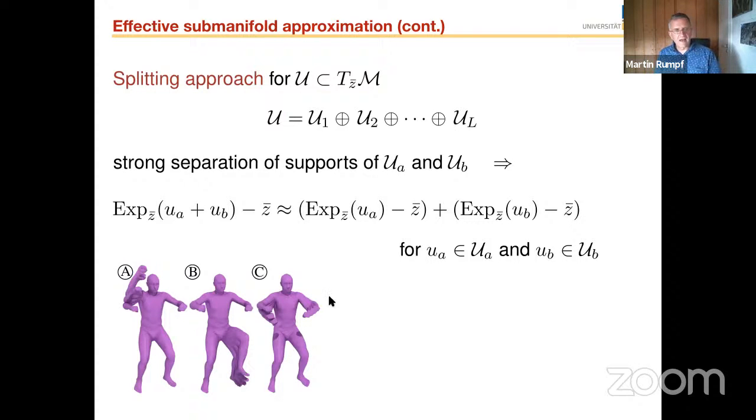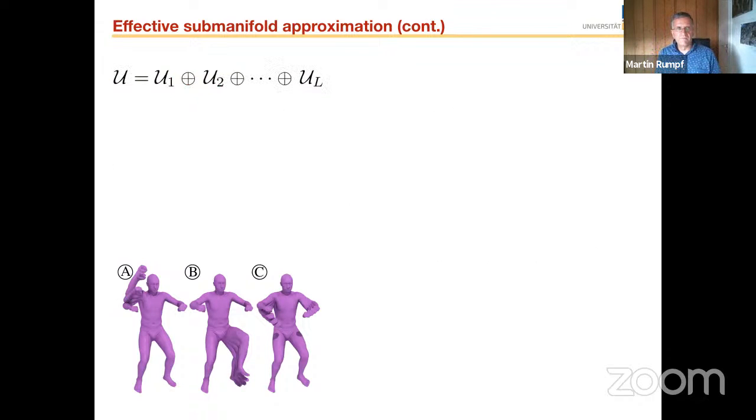And here you see an example. There is a mode A, a mode B, and a mode C. You see that mode A and mode B are strongly separated. And modes A and C have a very strong overlap, because here this arm is moving and this arm is moving as for mode A as well.